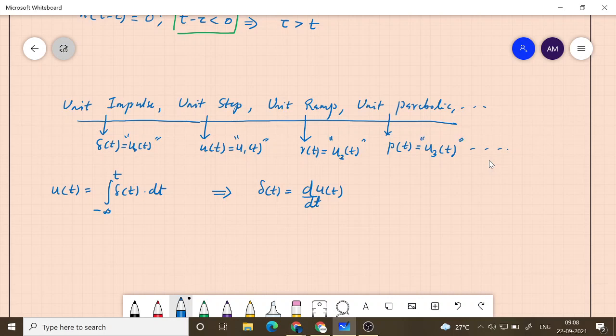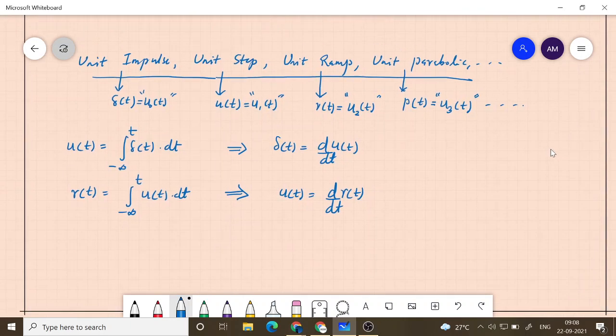Similarly, if I continue this to the next level, r of t is the integral from minus infinity to t of u of t dt. Or if I invert this, then u of t is equal to d by dt of r of t.